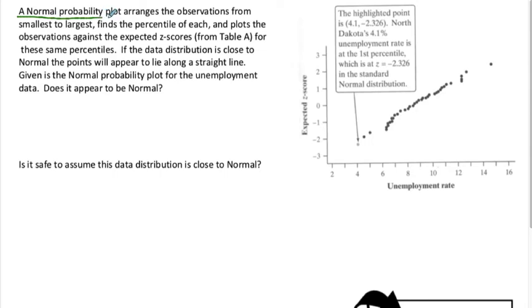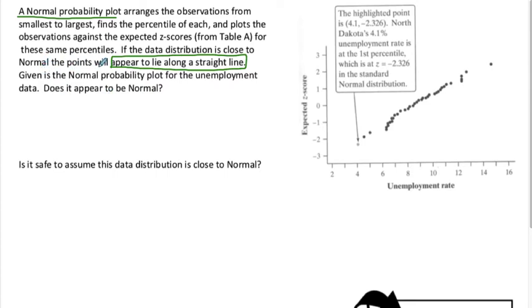And so this idea arranges the observations from smallest to largest and then finds the percentile of each. Then it plots the observations against the expected z-scores, and that's from our table A or our calculator for those same percentiles. If the data is close to normal, the points will appear to lie along a straight line.